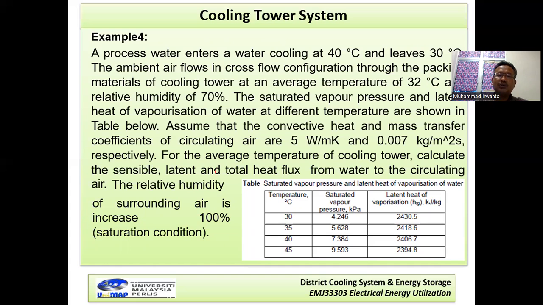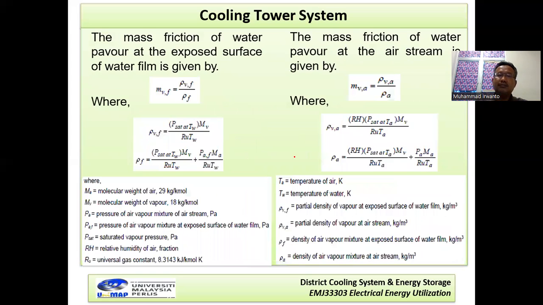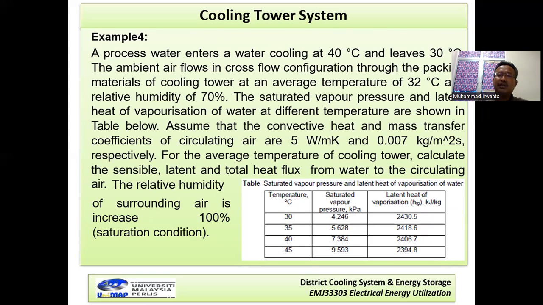So for this case, we want to find the value of sensible heat and latent heat, and their total, meaning Q_S, Q_L and their total, that occur in this cooling tower system. We can see here the temperatures are 40 degrees Celsius and 30 degrees Celsius.